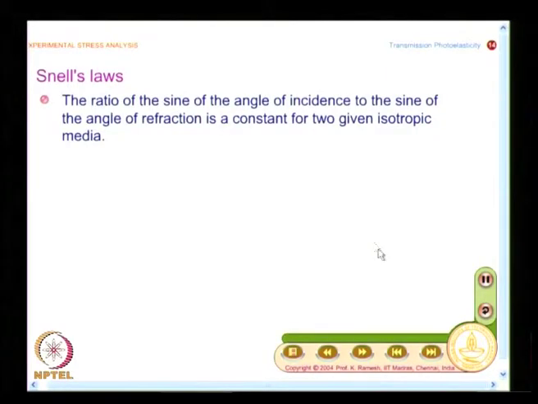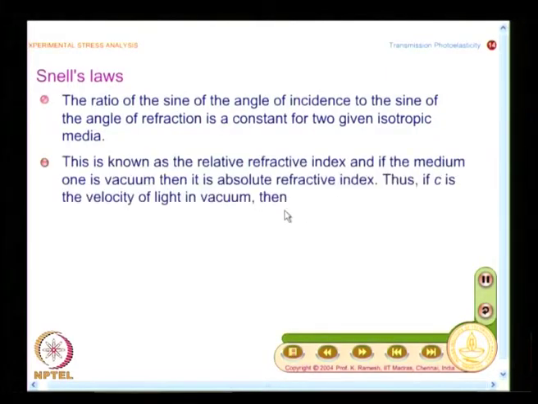So, we will see both, and you all know sin i by sin r is the refractive index, that is also known from your earlier course. So, you have the concept of relative refractive index and also the concept of absolute refractive index.